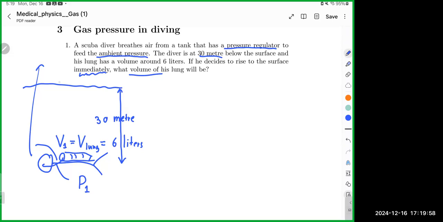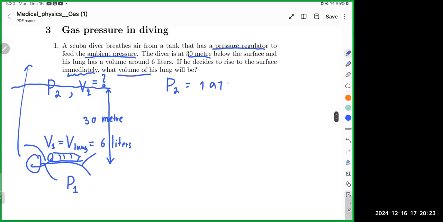When they go upward immediately at the surface, it would be P2 and V2. We would like to know V2. Let's see what's the pressure at the surface of the water. P2 is 1 atm.